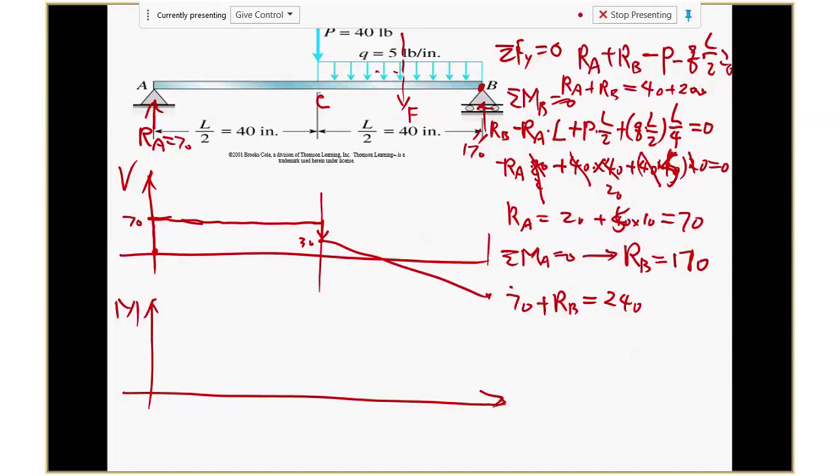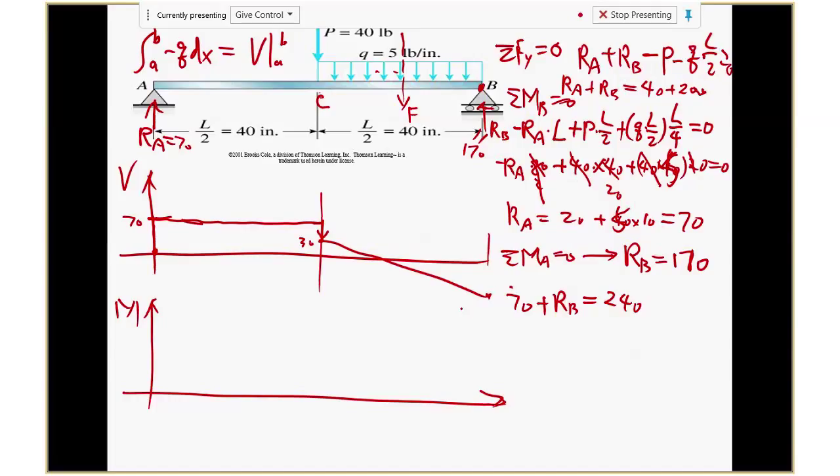Remember this relation from point A to B: the integral of Q dx equals the change in V from point A to point B, right? So you should go down 200 because this Q area will be 200. Now from 30 go down 200. Where do you end up? Negative 170.